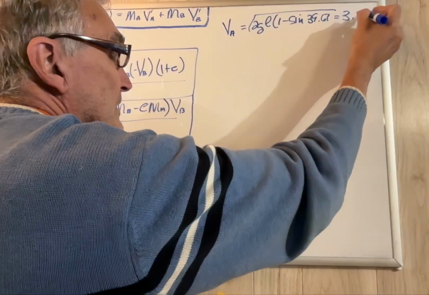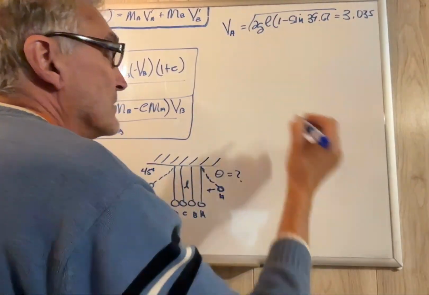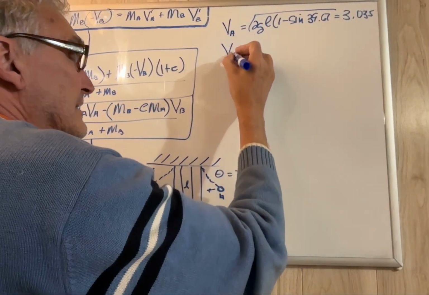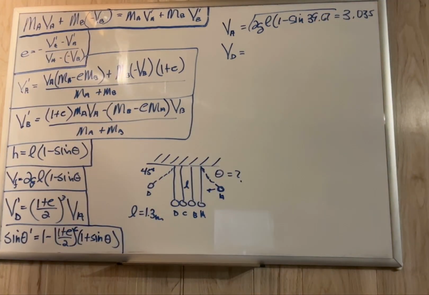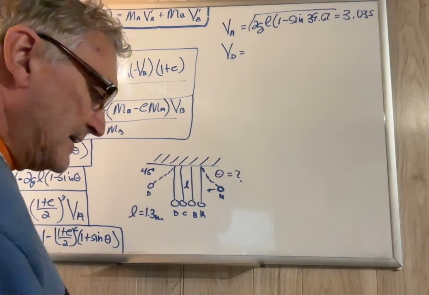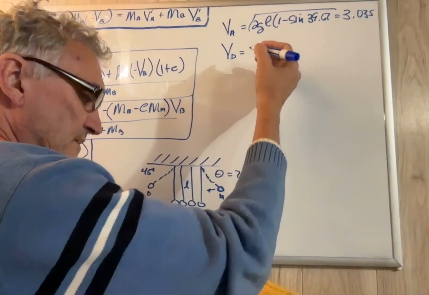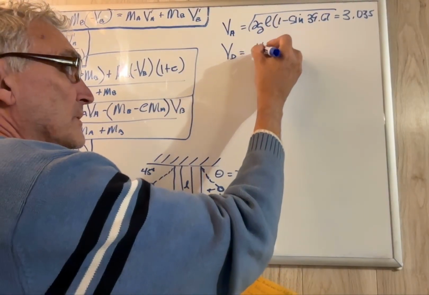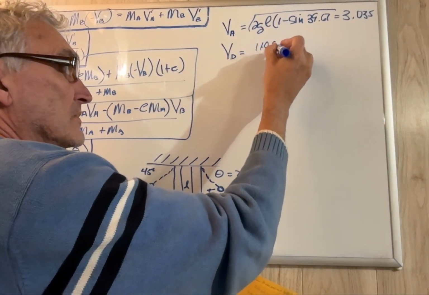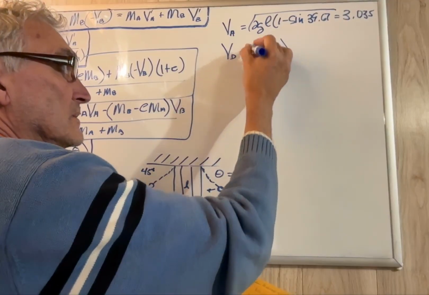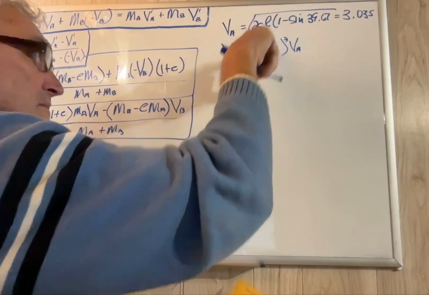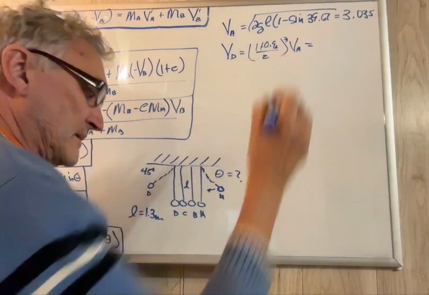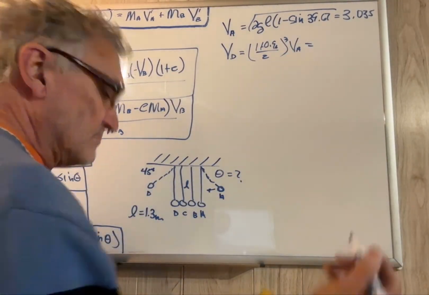And then velocity D, we take the 10% of that, and our velocity D is really just going to be the square root of 1 plus 0.9 divided by 2 cubed of velocity A, because it's 90% of this thing, and that ends up being 2.731.